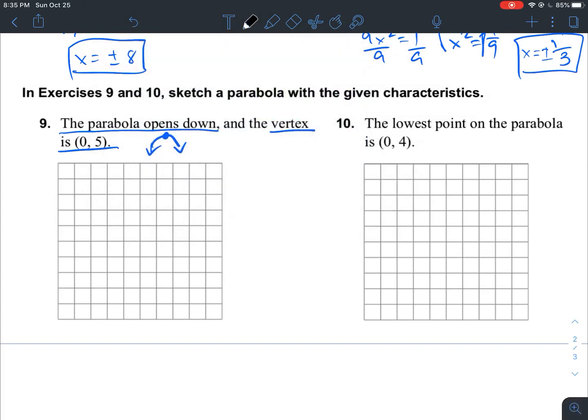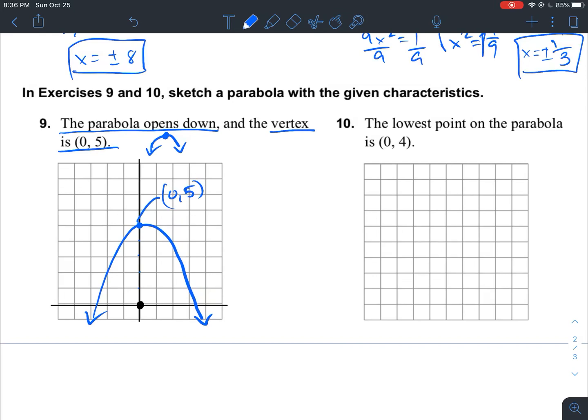And we said that the highest point is at 0, 5. So if this is 0, 0 right here, and we go up 5 units, 1, 2, 3, 4, 5, that's the highest point. And it says to sketch the parabola and that it opens downward. So we're sketching just some generic parabola that opens downward, and the vertex here is 0, 5.